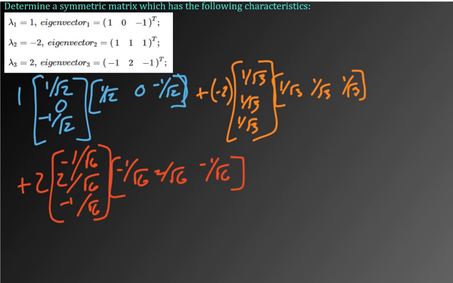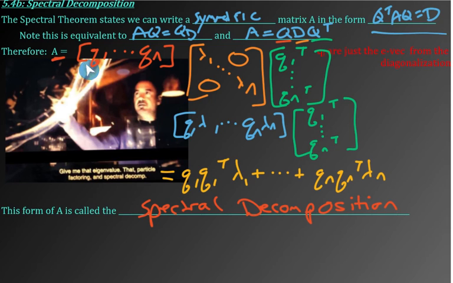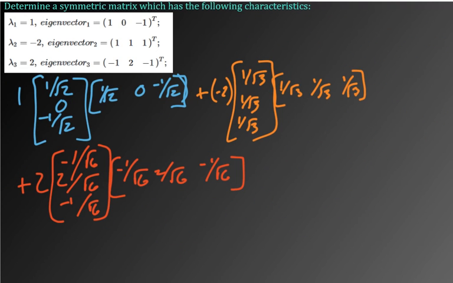And so that is the spectral decomposition of a matrix A, let's call it, which should be symmetric because we're basically working with these orthonormal eigenvectors, right? And so then you just do out this matrix multiplication. This is a 3 by 1 times a 1 by 3.